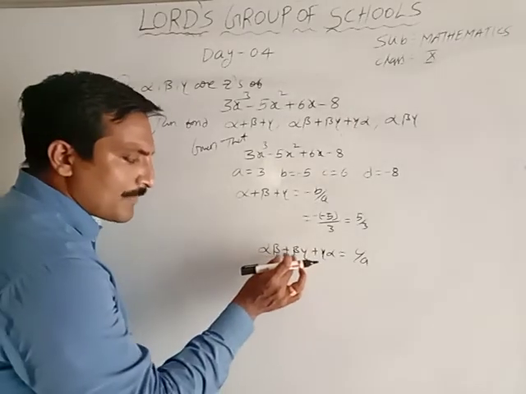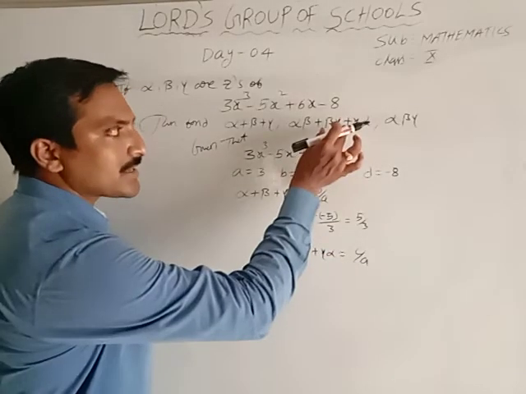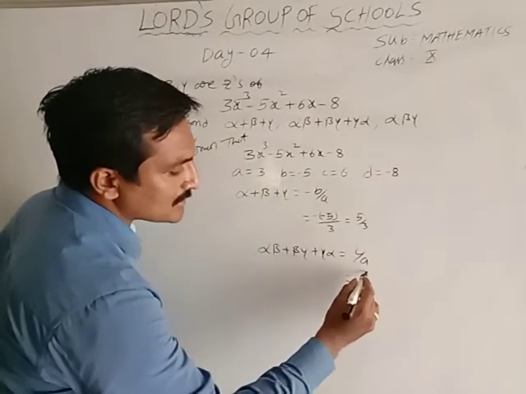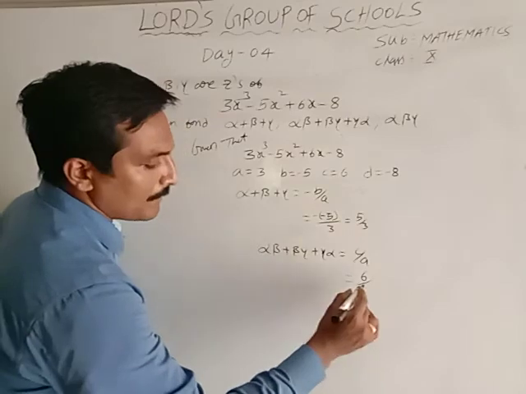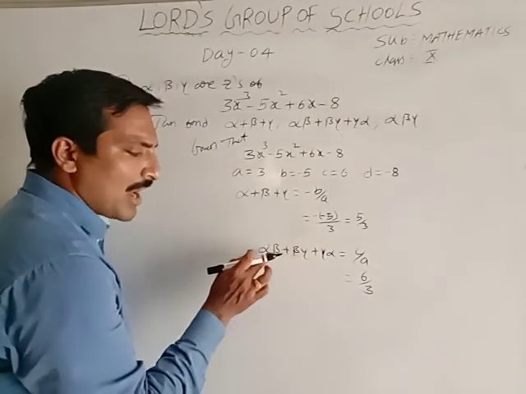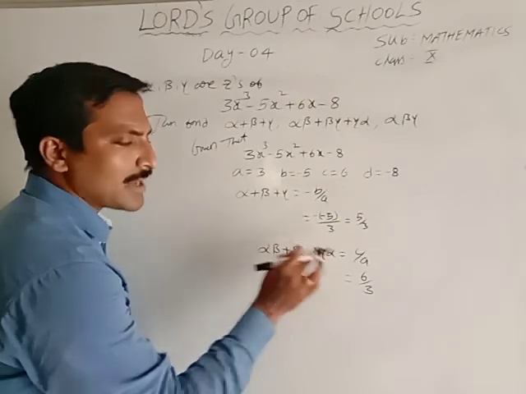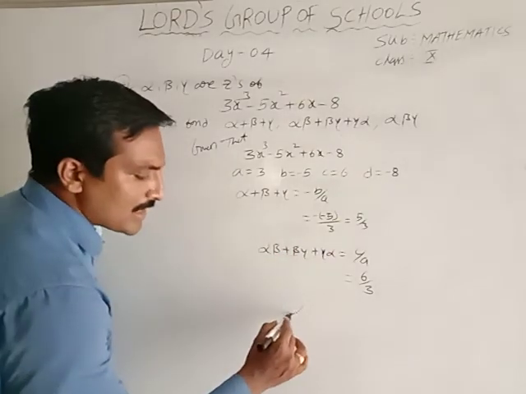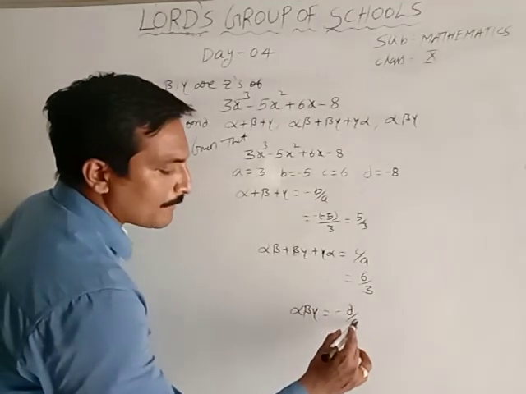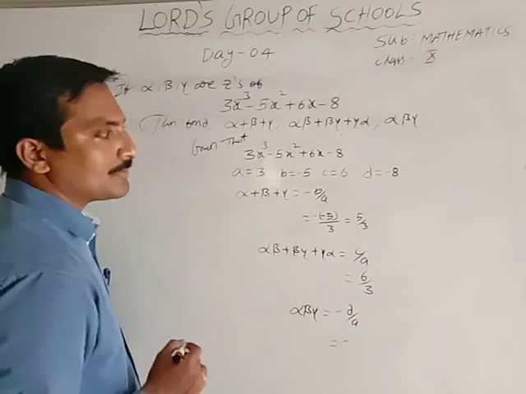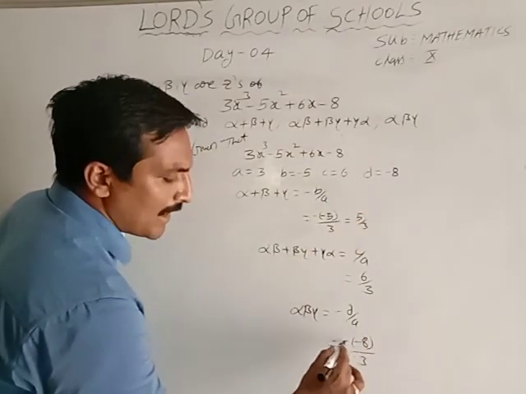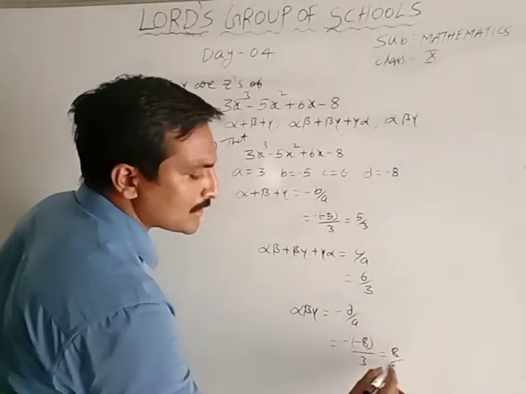The c value is 6 and the a value is 3, so 6 by 3. This is the value of alpha beta plus beta gamma plus gamma alpha. Last, alpha beta gamma is equal to minus d by a. The d value is minus 8 and the a value is 3, so minus of minus gives plus 8 by 3.